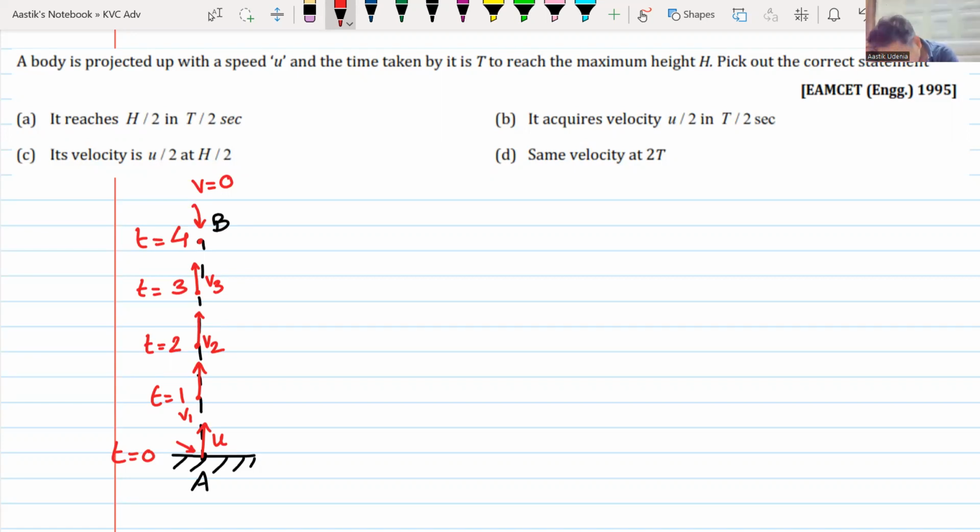Now, it has taken 4 seconds to go up. How much time will it take to come down?